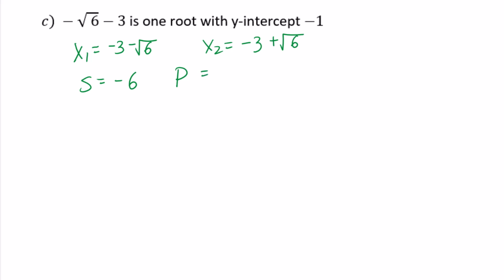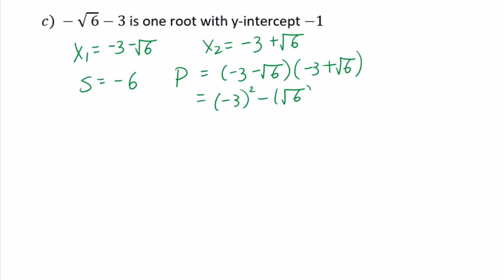Product equals negative 3 minus the square root of 6 times negative 3 plus square root of 6 equals negative 3 squared minus square root of 6 squared equals 9 minus 6 equals 3.